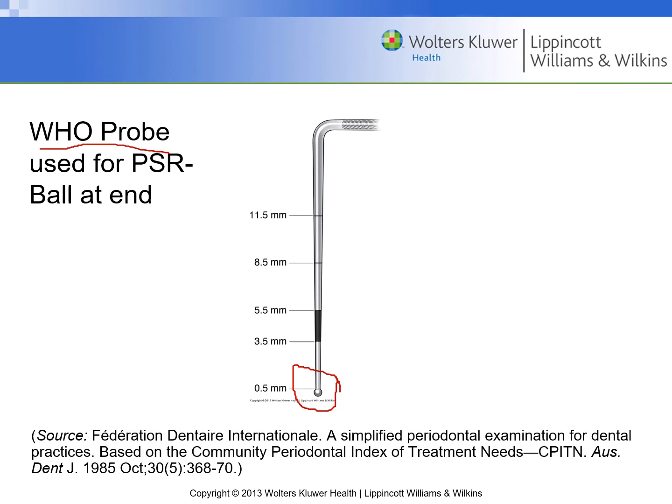If you have a really tight, thin, narrow pocket, it's sometimes hard to get that underneath the tissue. But it does its scoring: just above this little ball is 0.5 millimeter, and then it goes straight up to 3.5 millimeters on this, and 5.5, 8.5, and 11.5 millimeters.